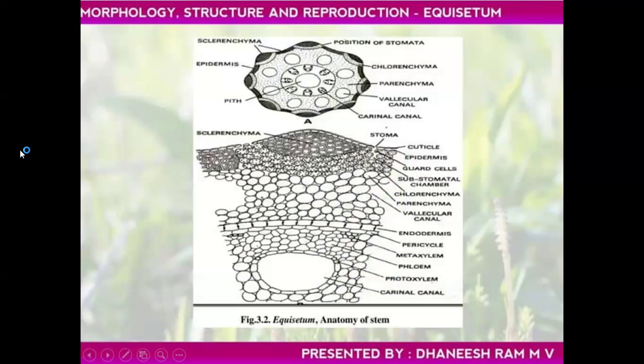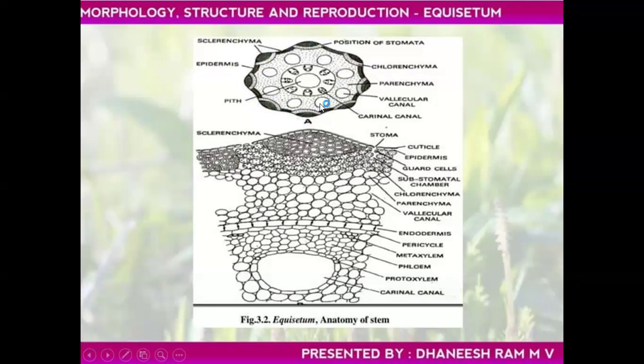Now, when we go to the anatomy, the outline is not perfectly circular. We can see the wavy nature, the ups and downs of this outline, which are referred to as the ridges and the furrows. So these are the ridges and these are the furrows. Why are there ridges and furrows?